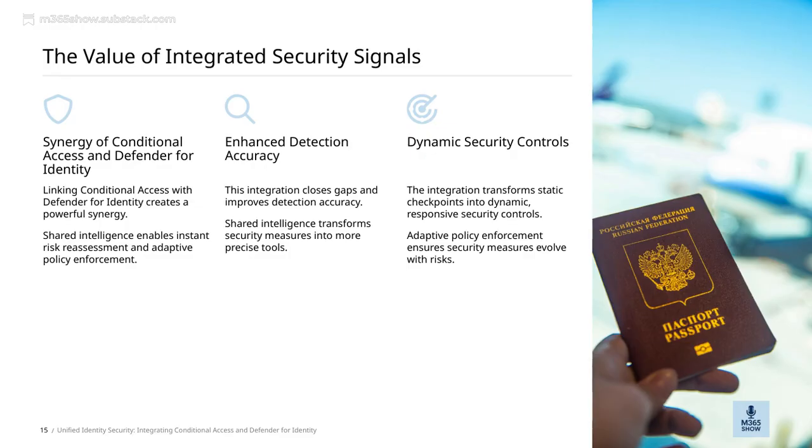This shared intelligence allows for instant risk reassessment, meaning our policies can adapt immediately based on new information. In essence, this interconnected approach enhances our overall security posture, making our defenses more precise, responsive, and resilient. This is a perfect example of how integrated signals can elevate our security strategy to meet today's complex challenges.